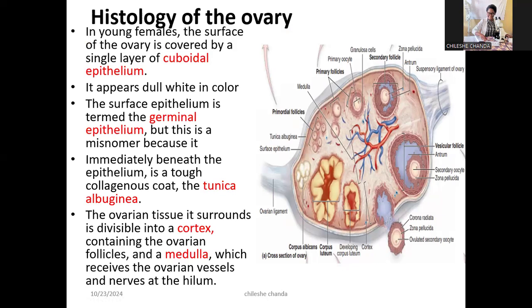In young females, the surface of the ovary is covered by a single layer of cuboidal epithelium. It appears dull white in color. The surface epithelium is termed the germinal epithelium.